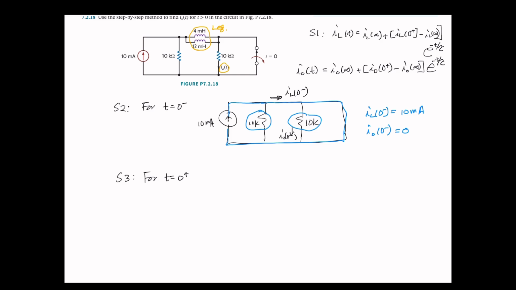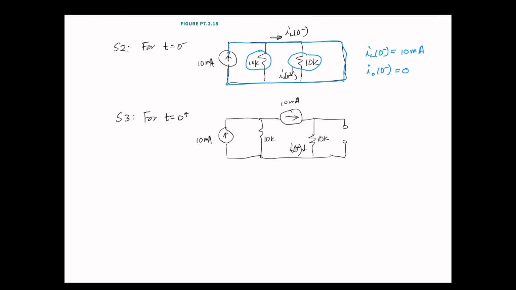Step number 3, for t equals 0 plus. So 0 plus is right after t equals 0, so now the switch is open. Then the circuit looks like this. We have to use the 10 milliamp, which is I sub L 0 minus, and place that into the inductor position.